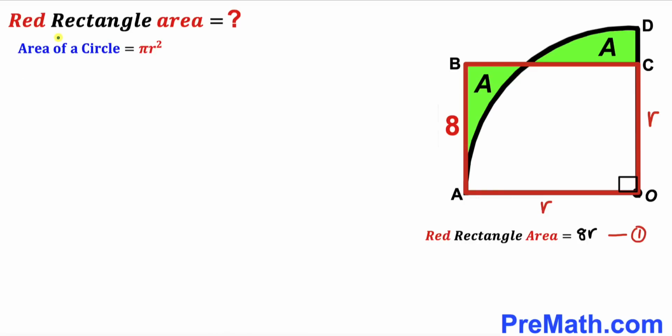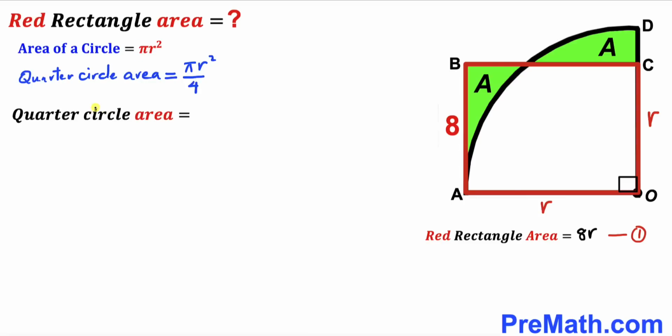Now let's recall the area of a circle formula: area equals pi r squared, where lowercase r is the radius. Since we are dealing with a quarter circle, the quarter circle area is going to be the whole area pi r squared divided by 4.